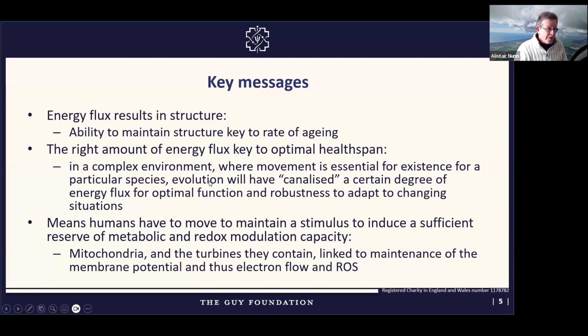They can survive without moving, but they're not as good unless they move. And it seems to be very tightly linked to their ability to be robust and adapt to changing situations. And so currently for humans, it seems to suggest that we have to maintain a stimulus of movement to optimize our systems. And this, of course, includes mitochondria and the turbines, the ATPase, which we talk about.